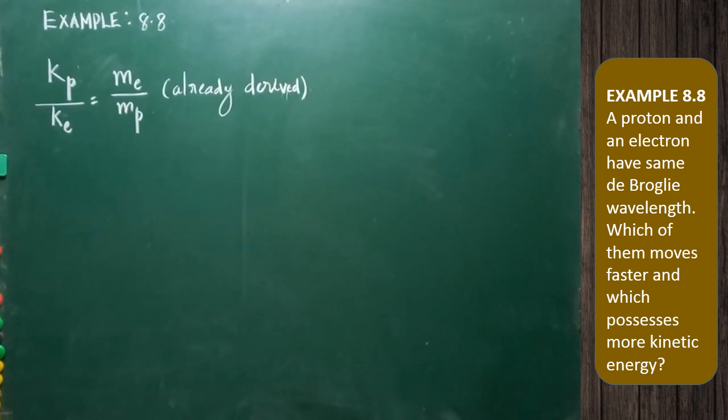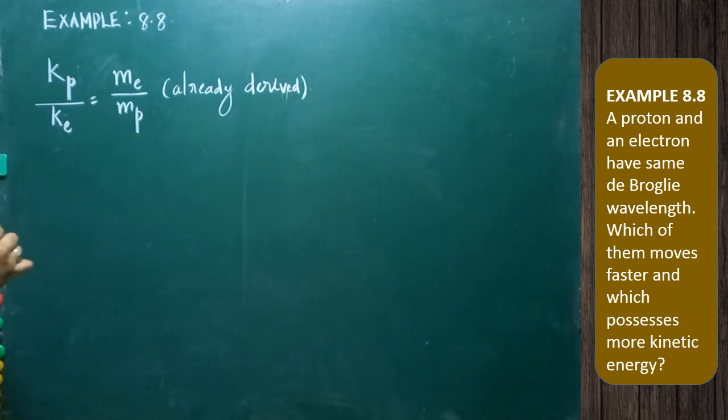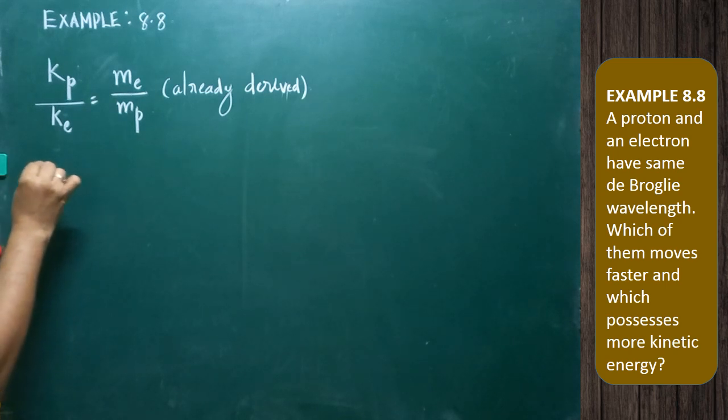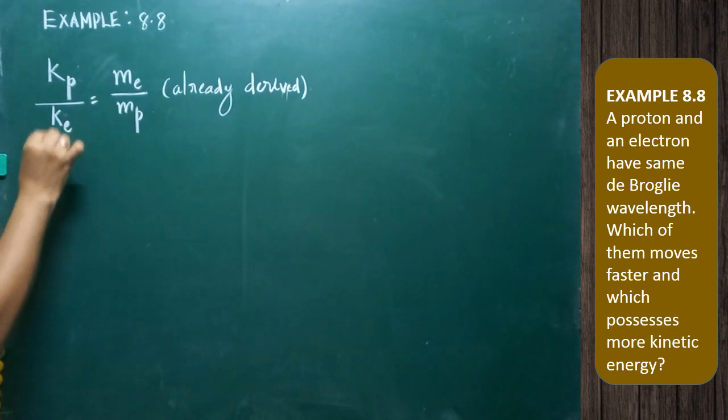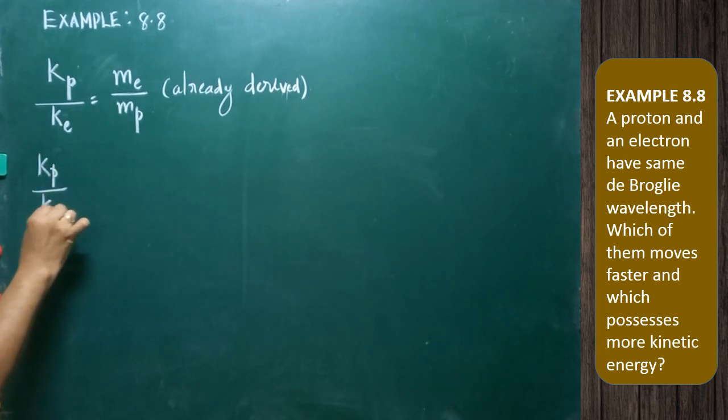Now we are going to compare the velocity of the electron and the velocity of the proton. This expression was already derived. Now where do we have to start? We are going to take the ratio of kinetic energy. So write Kp divided by Ke.